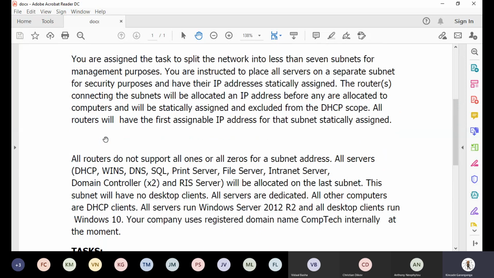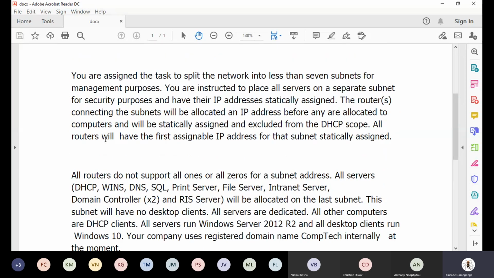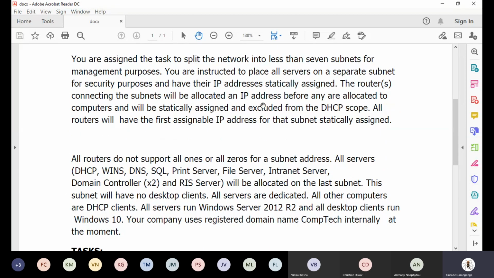And if you go up a bit, you'll find the second sentence: you are instructed to place all servers on a separate subnet for security purposes and have their IP addresses statically assigned. So just like I was saying a couple of moments ago, you're going to be manually assigning the IPs for the servers.